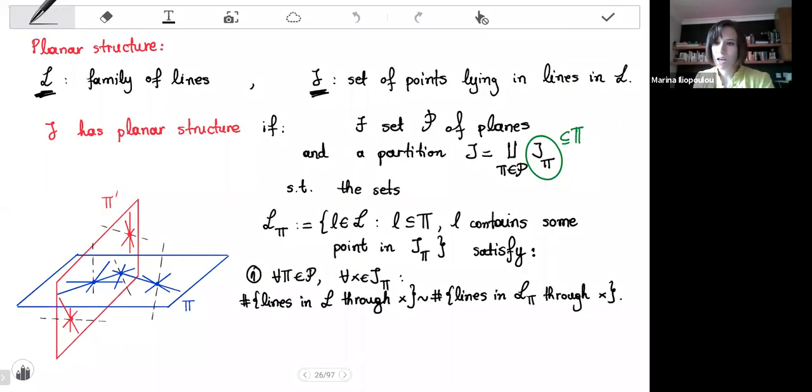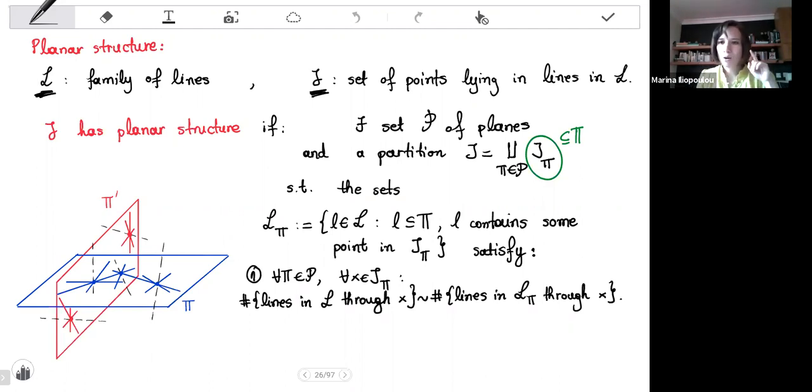If I pick any blue joint, the number of lines through it in general, in the big family, is comparable to simply the number of lines through it on that plane. So this tells me that if I want to count the incidences for joints on a plane, I can pretend that they only come from lines from within that plane.